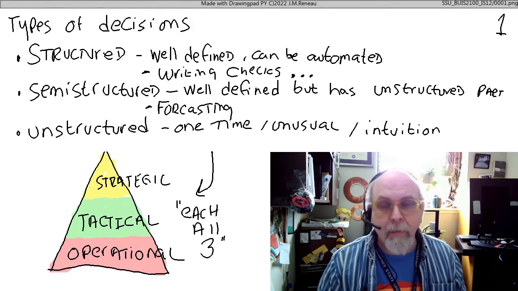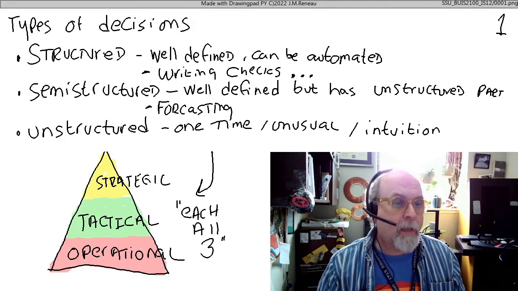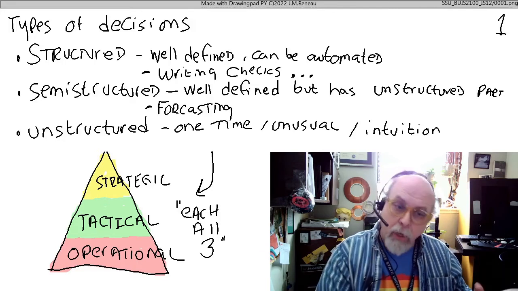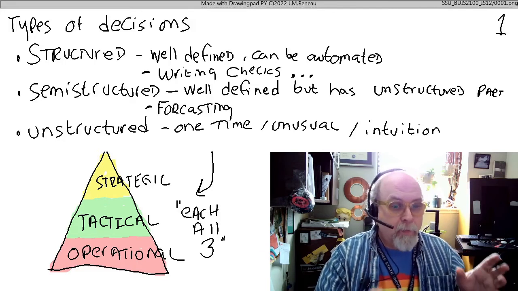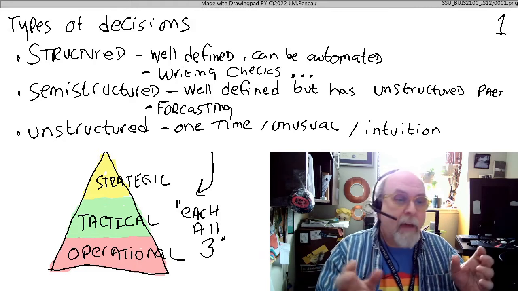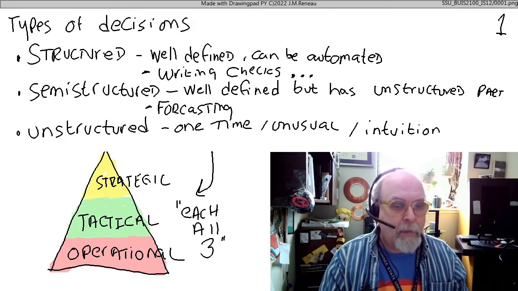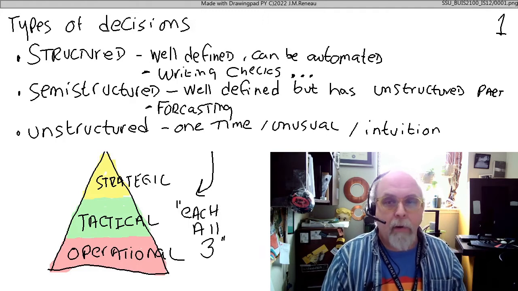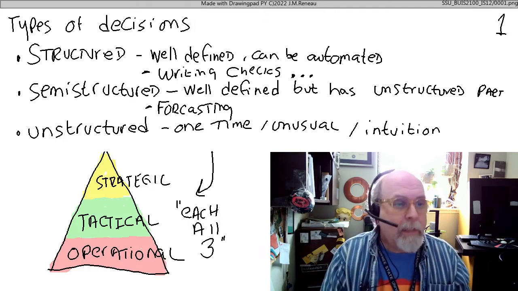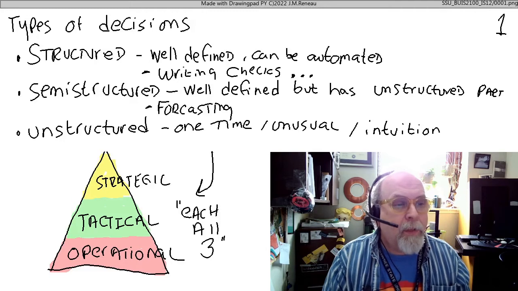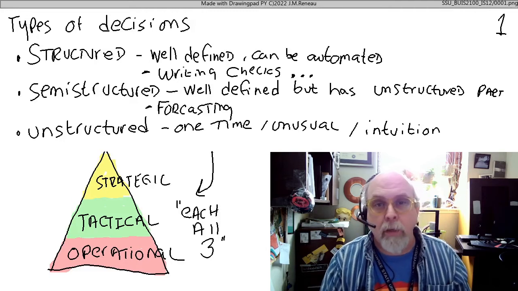Well, that would be a semi-structured decision because it's well defined. You know what you're going to do, but it depends upon the food you have, and it depends on lots of factors that are known. It's semi-structured.